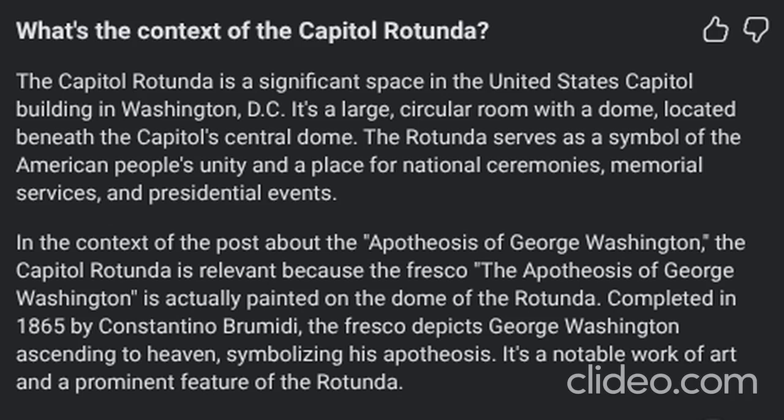And that mural is entitled The Apotheosis of George Washington.